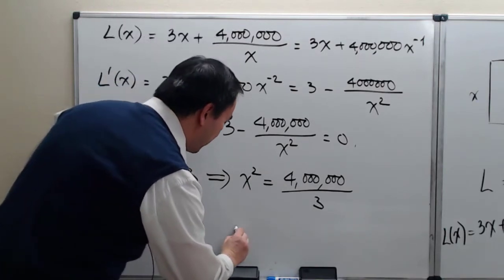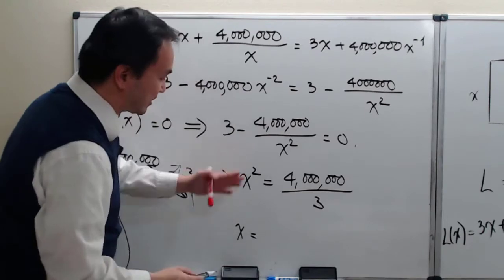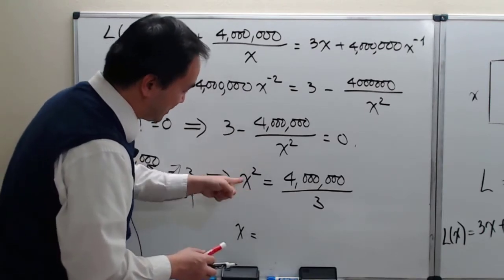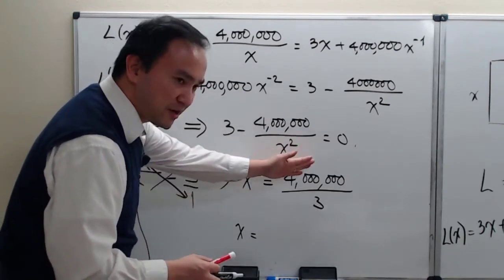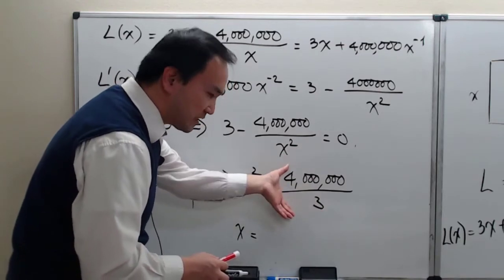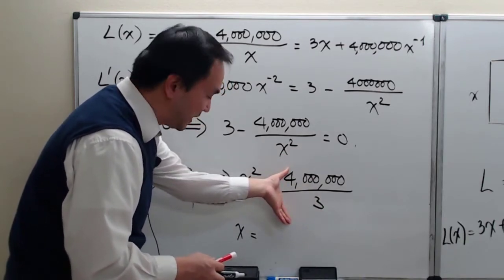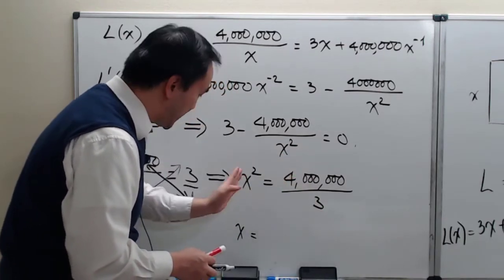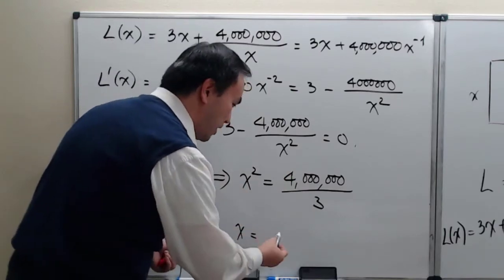Now my value for x, at this point I have expressed my equation as x squared equals 4 million over 3. But 4 million over 3 is already a known, positive value. So now I can solve for x by simply taking the square root.